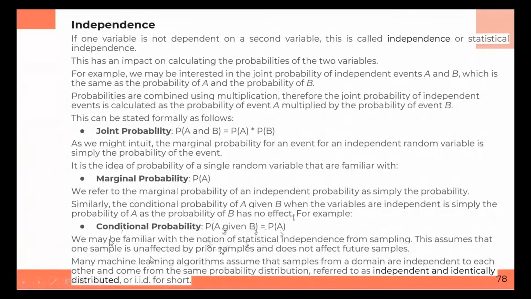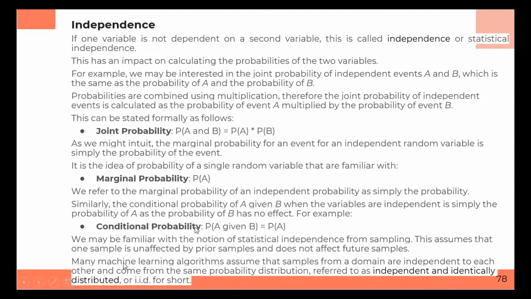We may be familiar with the notion of statistical independence from sampling. This assumes that one sample is unaffected by peer samples. Have you heard of it? You understand that, right? Assume that the samples are random, unaffected by the peer samples, and do not affect the future samples that we are taking from the data sets.